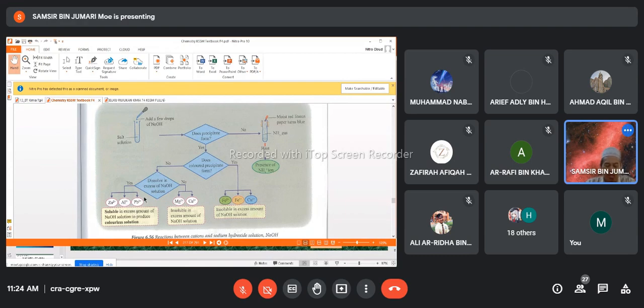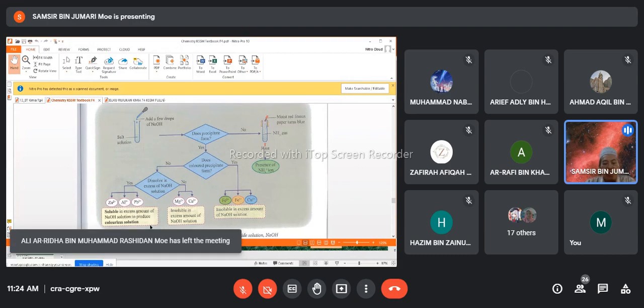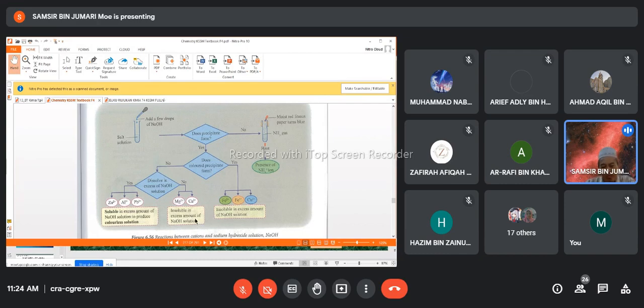Okay. And there are ions that form colored salt solutions. Okay, that's copper(II) ion, iron(III) ion, and iron(II) ion. This colored compound or colored ion can be easily identified because we know the color.